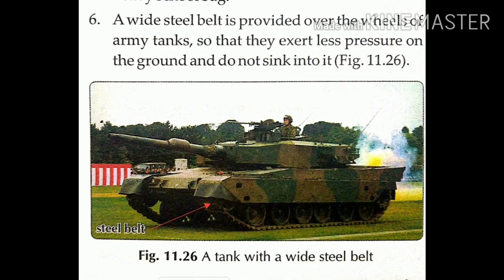A wide steel belt is provided over the wheels of army tanks so that they exert less pressure on the ground and do not sink into it. Here, again the reason is, larger the area of contact, lesser will be the pressure.